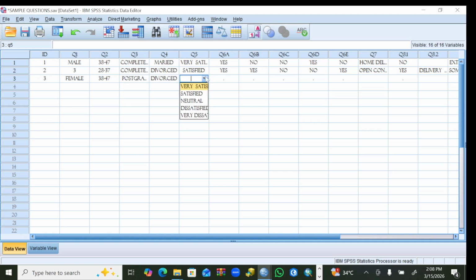And here, recommendation for satisfaction, very dissatisfied. And question number 6 is the choice is to select from the list of the product. You have number 1, tea, coffee, chocolate.